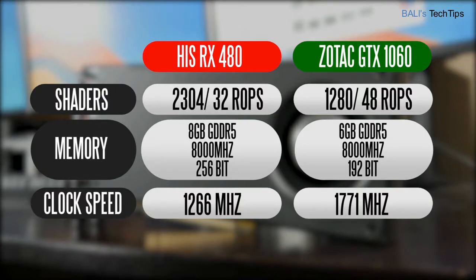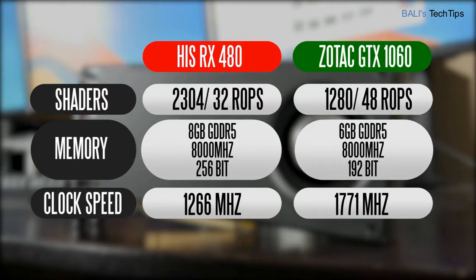When it comes to overall video memory, the bandwidth is slightly larger on the RX 480. Also, we do have more memory available, 8 gigabytes versus about 6 gigabytes on the 1060. The memory bus is larger on the RX 480. It has a 256-bit bus versus the 1060's 192-bit bus.